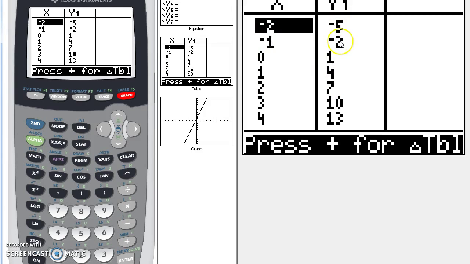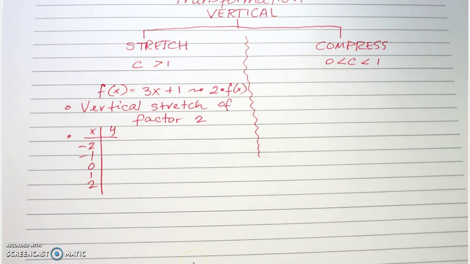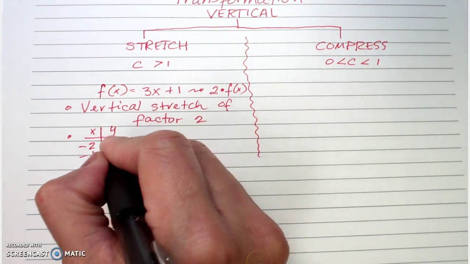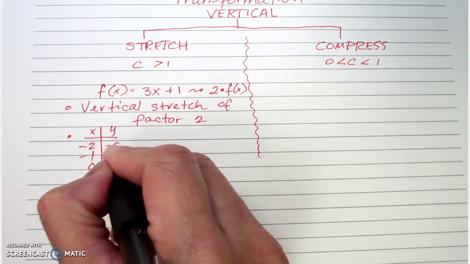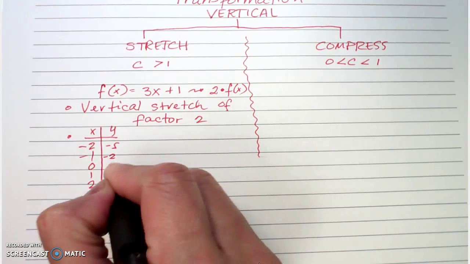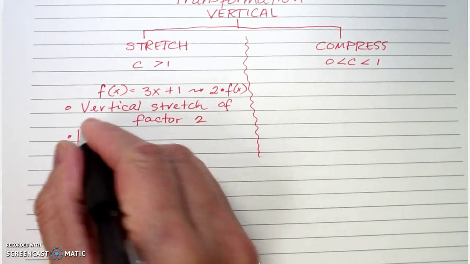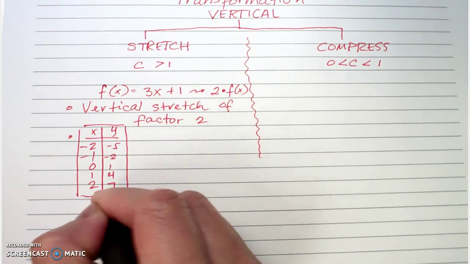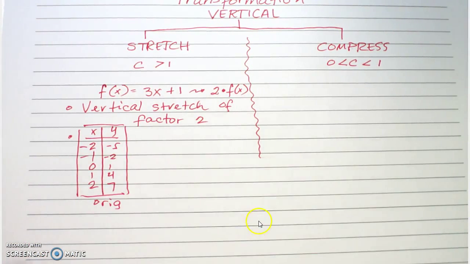And that's -5, -2, 1, 4, and 7. That's what we're going to use. So you will have -5, -2, 1, 4, and 7. This table represents your original function.